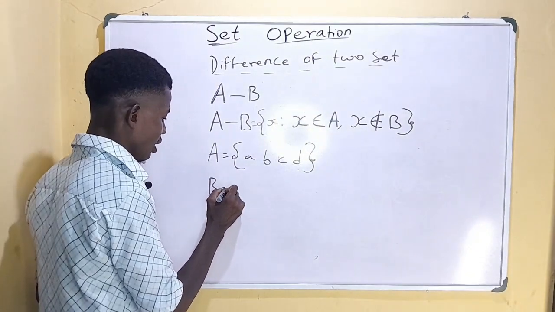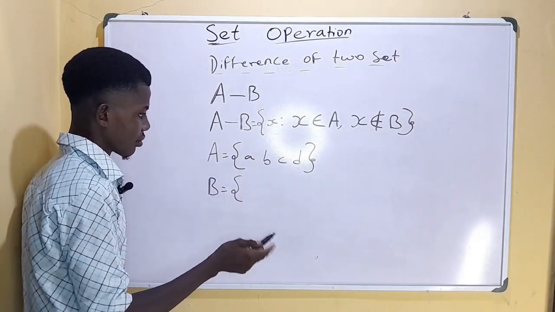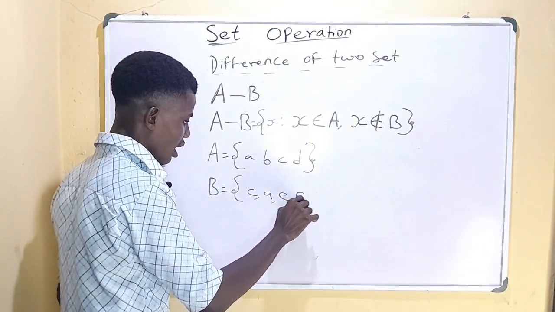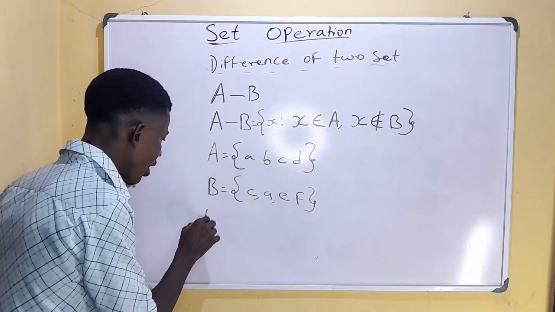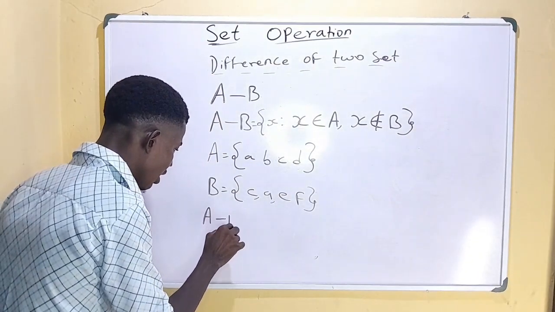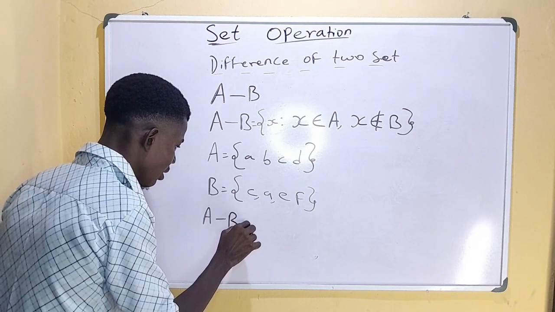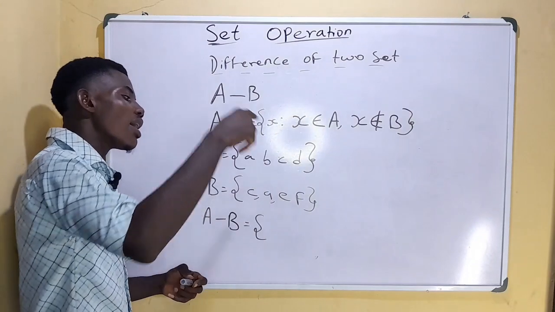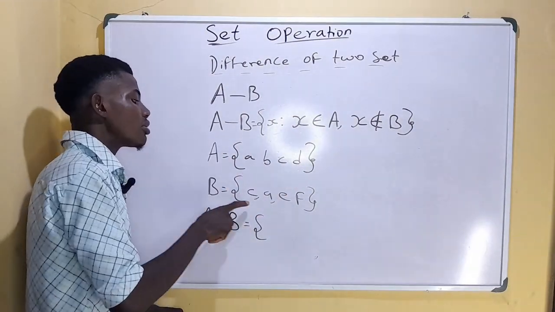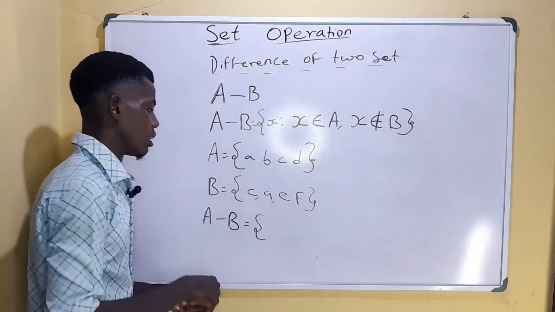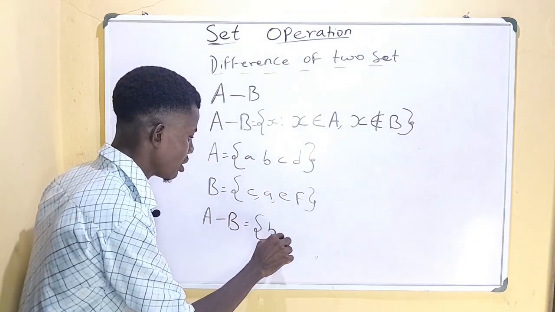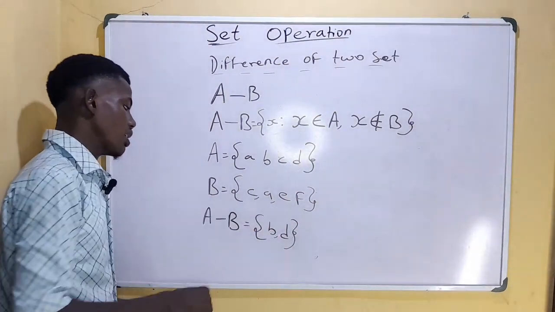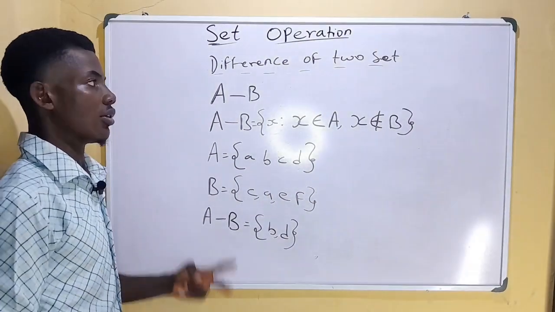Then set B is C, A, E, F. Now A difference B will give us the elements in A but not in B, which are B and D. This is the difference of two sets.